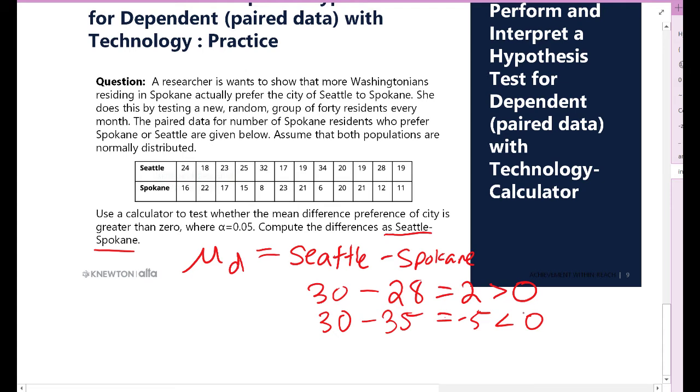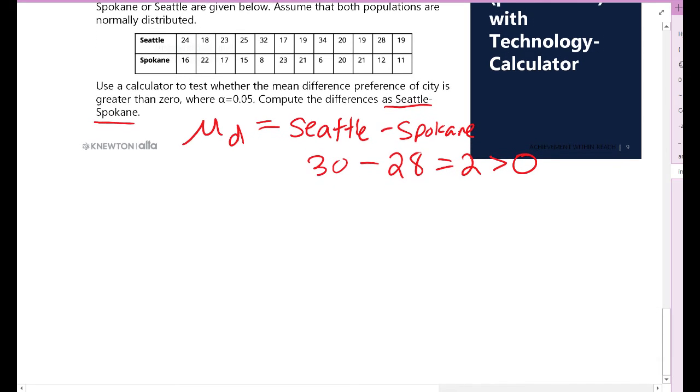So it all depends on your hypothesis, first of all how you define your difference, and which one you're trying to show is more than the other. I'm going to erase this, not to confuse anybody. In our case, we're trying to measure, is Seattle more than Spokane? That is why our HA is that mu d is greater than 0.